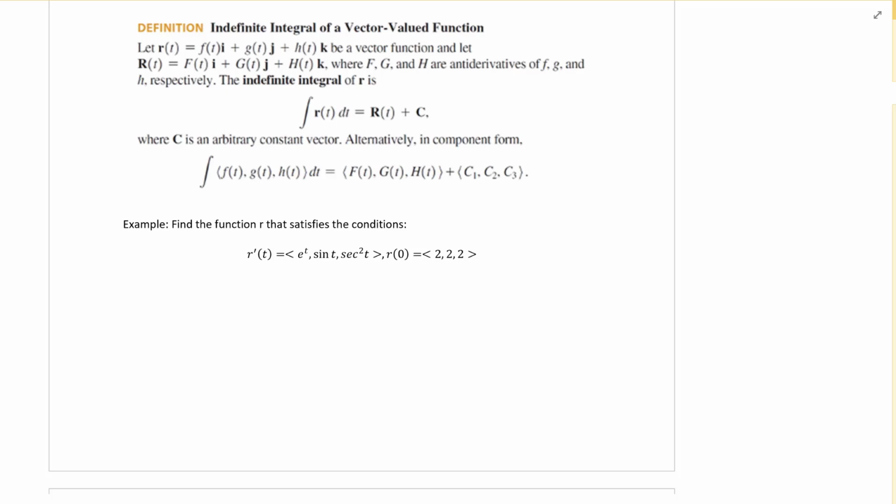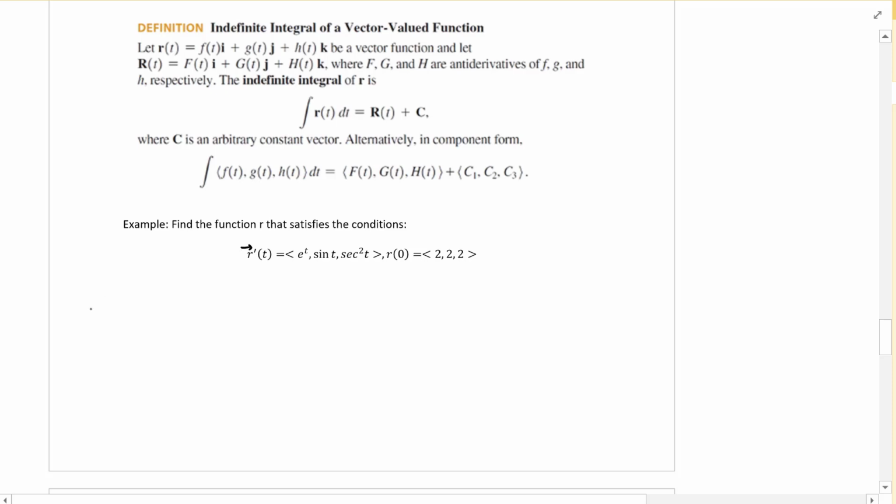Let's solve another problem involving integrals. So let's say we have r prime of t, right, a vector function, r prime of t equals e to t, sine of t, secant squared of t. We know that the initial condition r of 0 is 2, 2, 2, and we want to find r of t.